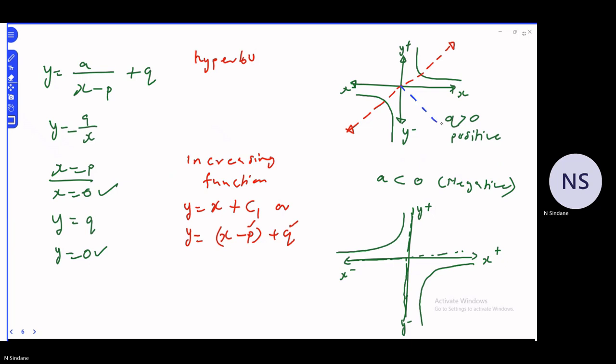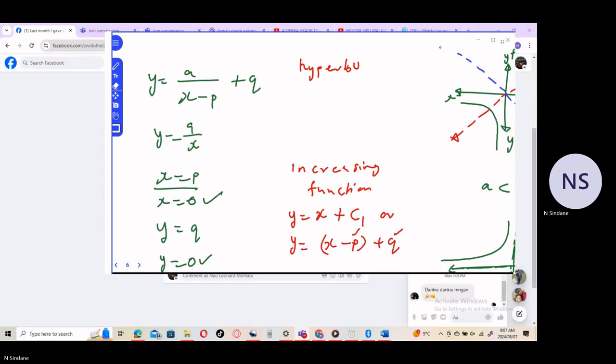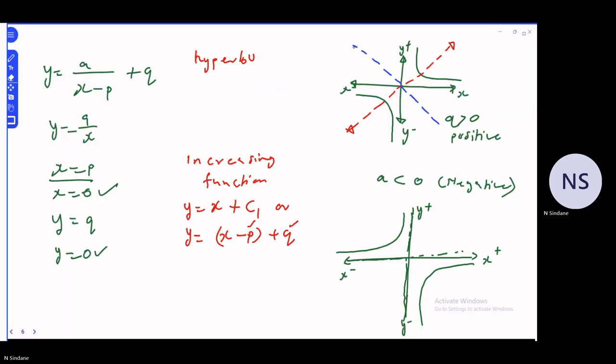It looks like this. Crosses here, goes up, like that. This is the axis of symmetry where the gradient is negative, with a decreasing function.